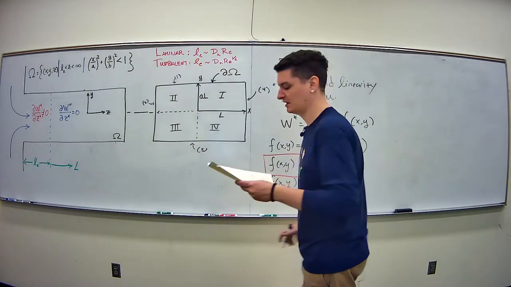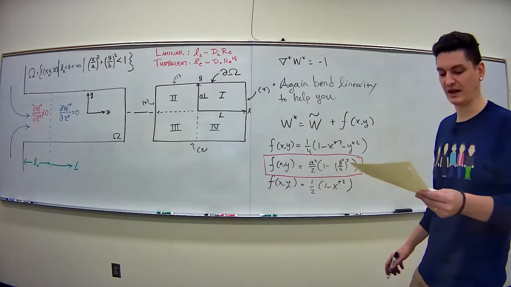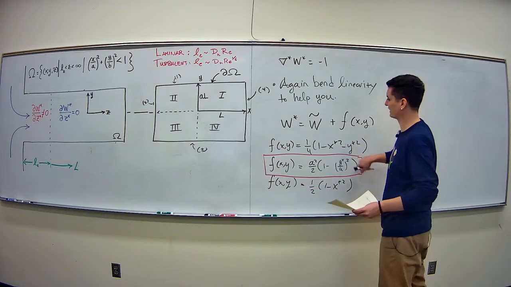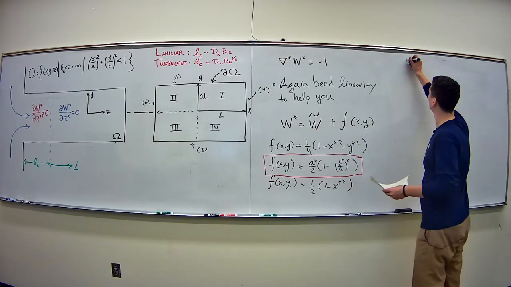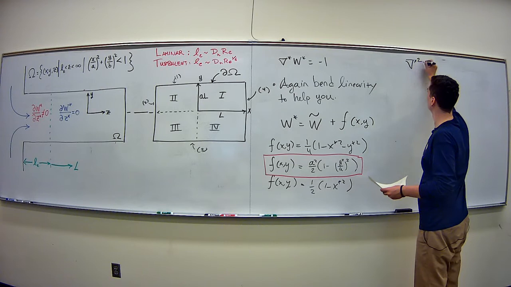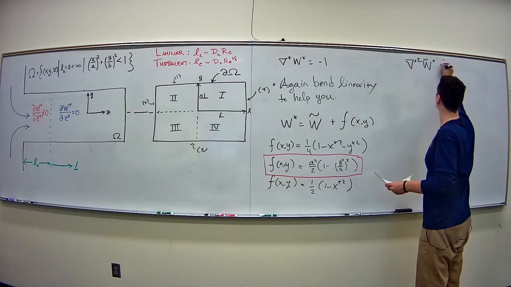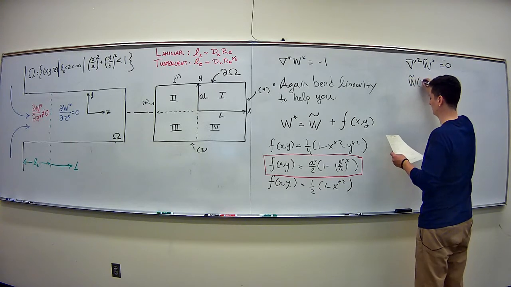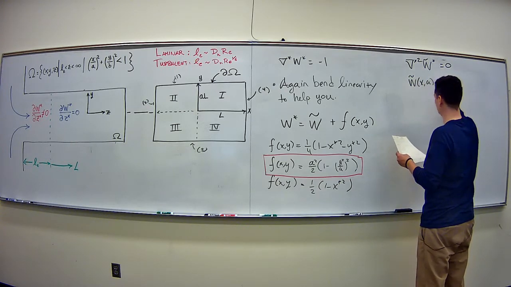All right. So what do I have here? If I do the transform problem, again, we have this. This is equal to negative 1. So now I have this homogeneous equation to solve with boundary conditions.